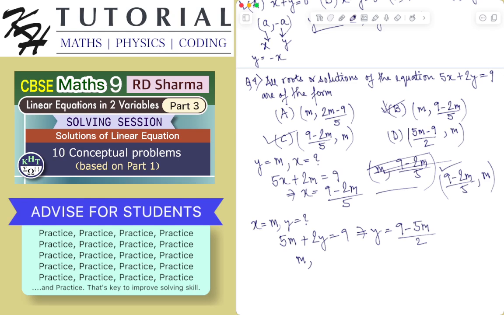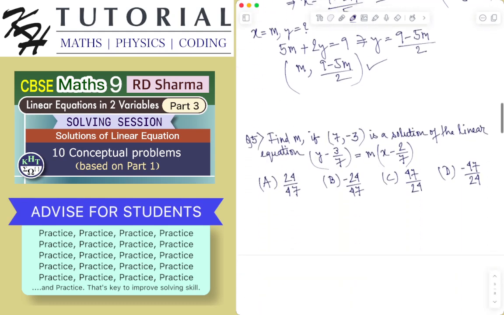So now I can say that m comma (9 minus 5m) by 2 will be a root of the given equation. And since m can be any real number, all roots of the given equation will be of the form m comma (9 minus 5m) by 2. And you see, this form is not given in any of the choices. So choice C is the correct choice.